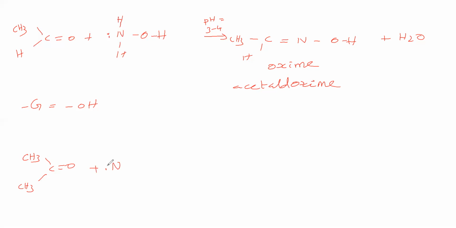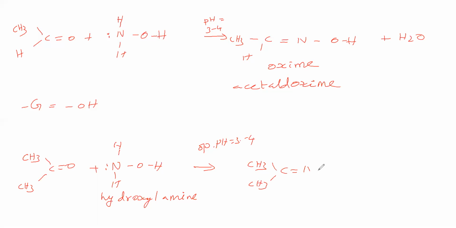Taking acetone with this hydroxylamine, it is called hydroxylamine. Optimum pH we keep at 3 to 4. So the product we get is CH3, C double bond NOH, plus water. It is called acetoxime, from acetone.